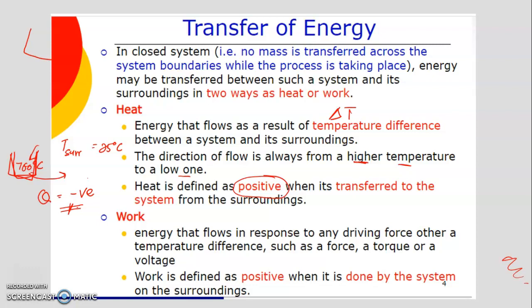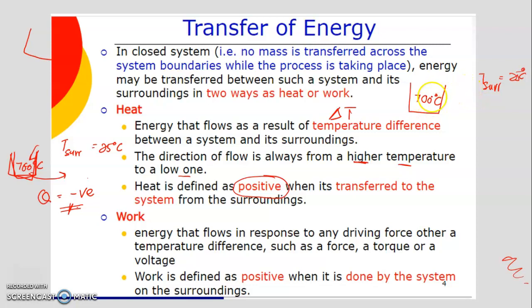For example, we have a reactor. Let's say this is the reactor. The reaction takes place in the reactor at 700 degrees C, and the surrounding temperature is 25 degrees C. So what will happen is that heat will flow from the system to the surroundings, since there is a temperature difference.